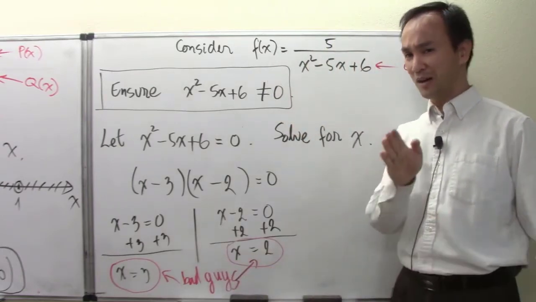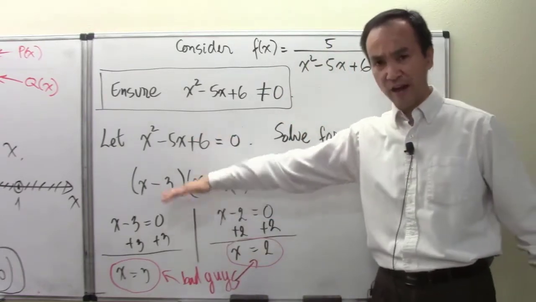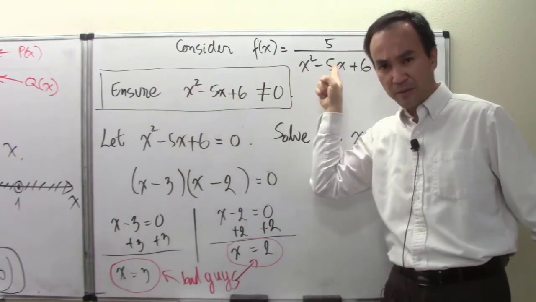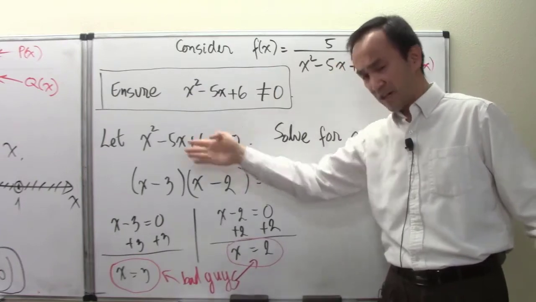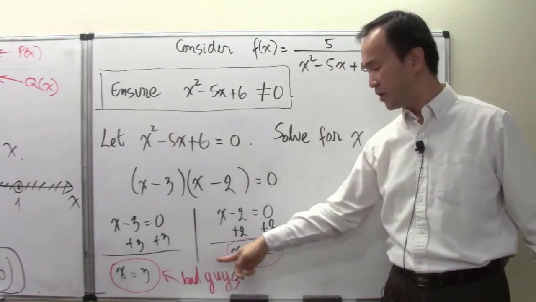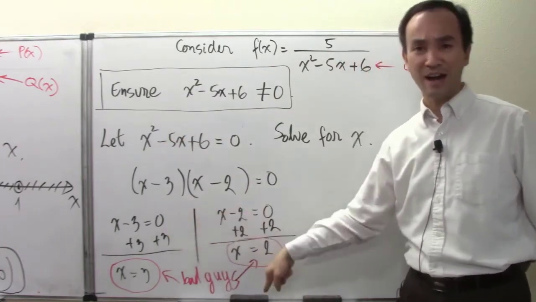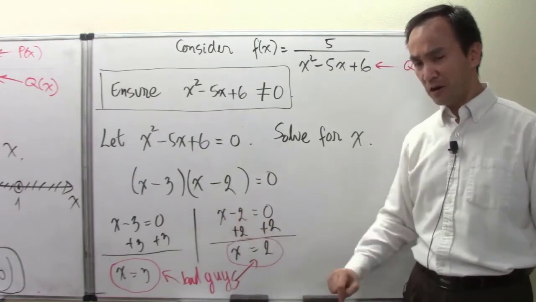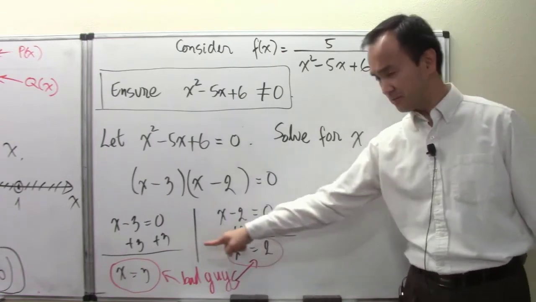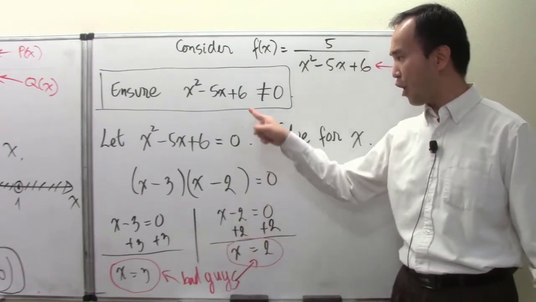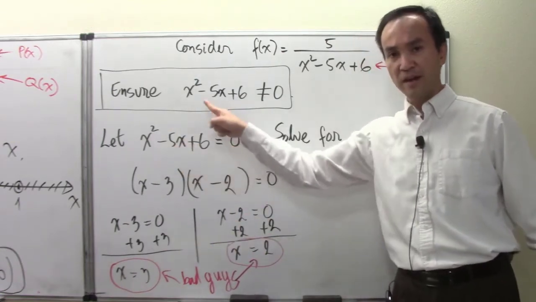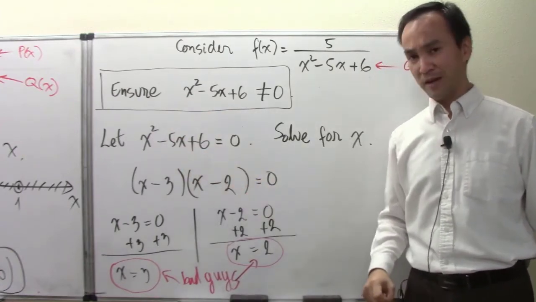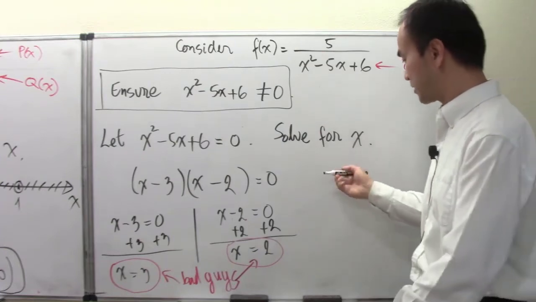Once we have finished solving our polynomial equation, purposely letting the denominator of our beginning rational function equal 0 and solving that polynomial equation, we will end up finding all the bad guys that we can. These are the x values that cause x squared minus 5x plus 6, the denominator, to equal 0. So now our domain is expressed as follows.